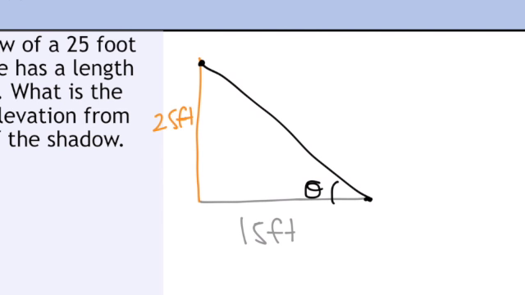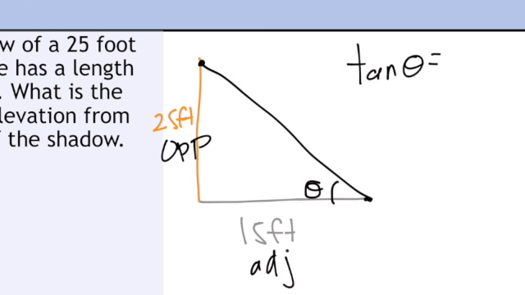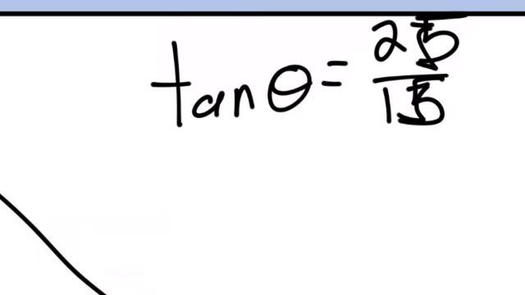So we have to solve for our theta here. Let's write the whole thing out. What do I have here? I have the opposite side and the adjacent side. So the tangent of my angle is equal to the opposite over the adjacent. My 5s look weird, I apologize. Maybe if I zoom in, it might be easier to draw a 5.